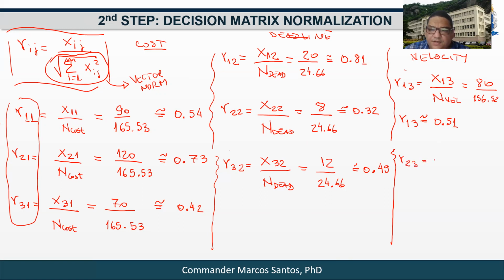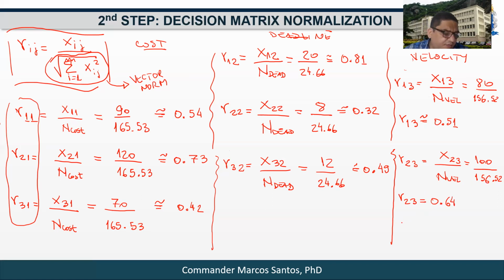The next, R23, is x23 over the velocity vector norm. So we have 100 over 156.52, R23 is equal to 0.64.